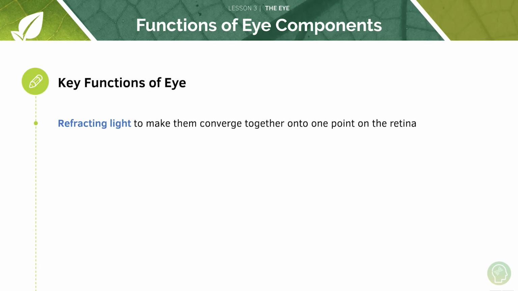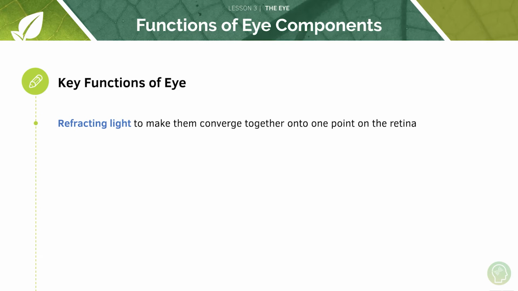So let's take a look into the key functions of the eye. First off, the eye is responsible for refracting light, because we have to make light rays converge together onto one point on the retina in order to form an image. When light rays enter the eye, they are far apart and they need to be bent.